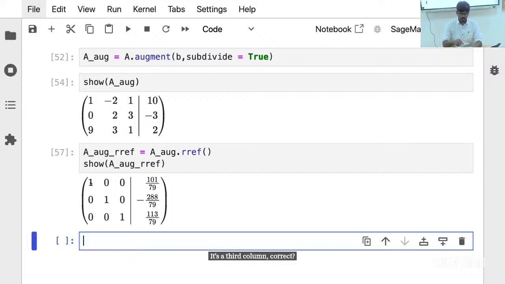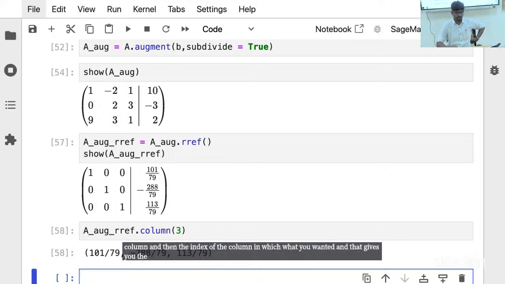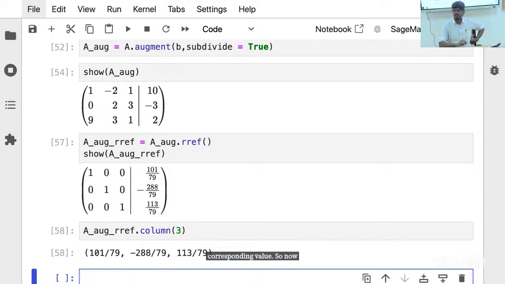I have multiple ways of fetching it, but Python has an easy way of doing it. If you look at that matrix and call the column method on it, and write the index of the column you want, that gives you the corresponding value. So now it's clear that this is the solution. Okay.